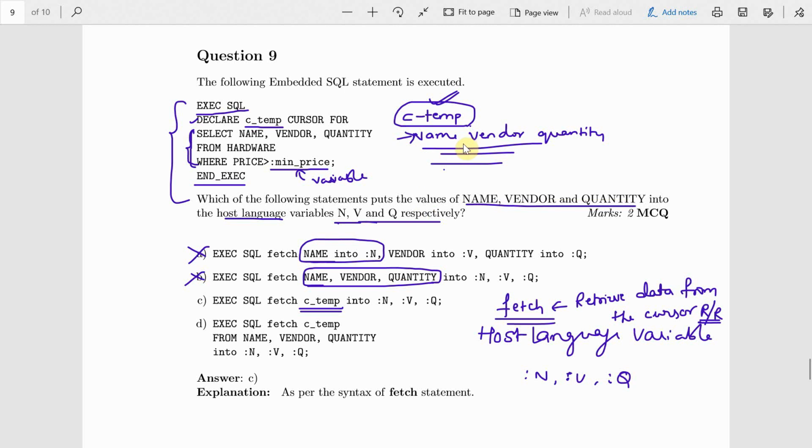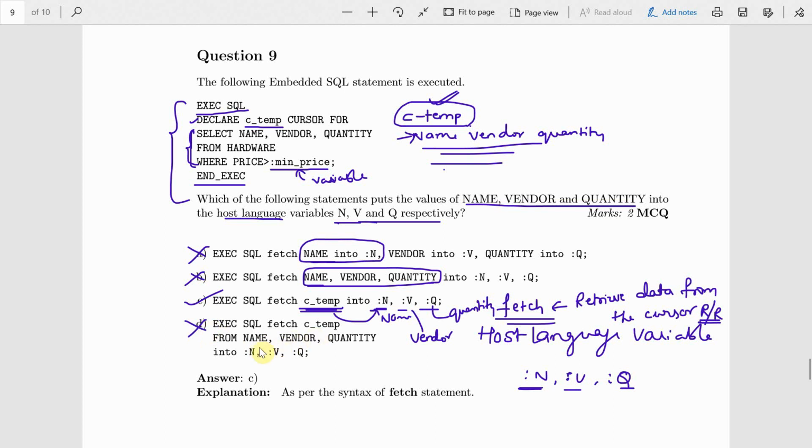That row contains the columns name, vendor, quantity, so they are to be fetched from ctemp into some host language program variables. As I told you, host language program variables are preceded with a colon: :N, :V, :Q, so that name is copied into N, vendor is copied into V, and quantity from the table is copied into Q. This is a correct statement, and option D is incorrect.